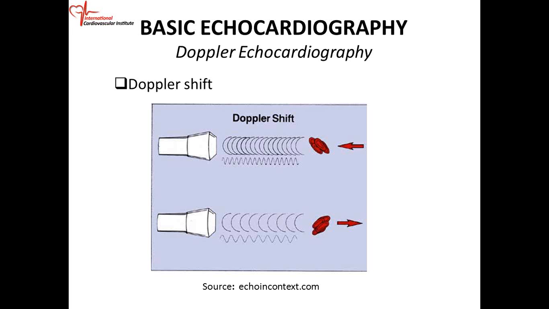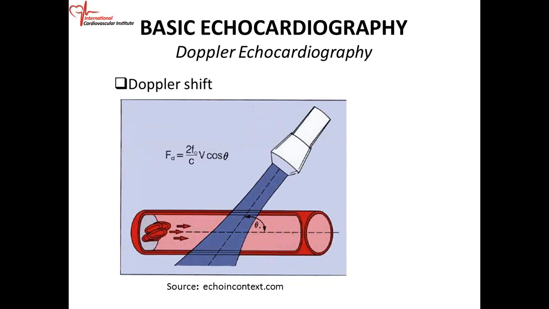Blood moving towards the transducer is going to give you a perceived increased frequency. Blood moving away from the transducer is going to give you a perceived decreased frequency. The transmitted frequency is the same. It's the Doppler principle.